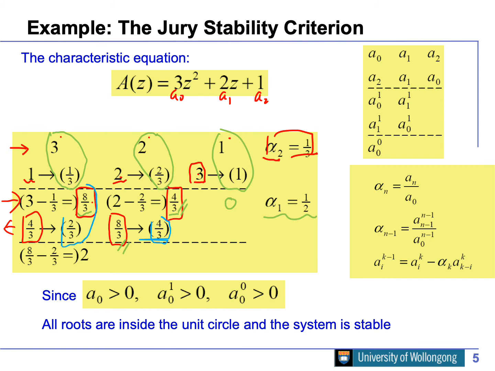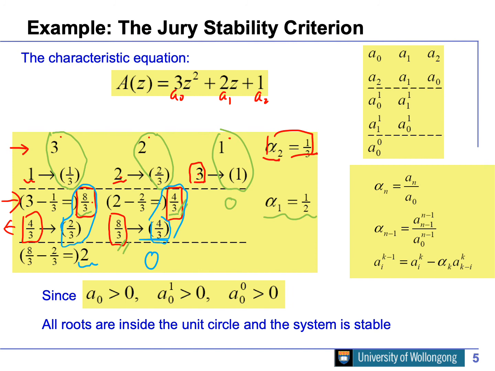Then you do the subtraction, the third line minus the fourth line. Obviously that gives you 0, which is what we multiplied by alpha for. And this one we got 8/3 minus 2/3, which is just 2. So that's done. When we have only the last number, that's finished.